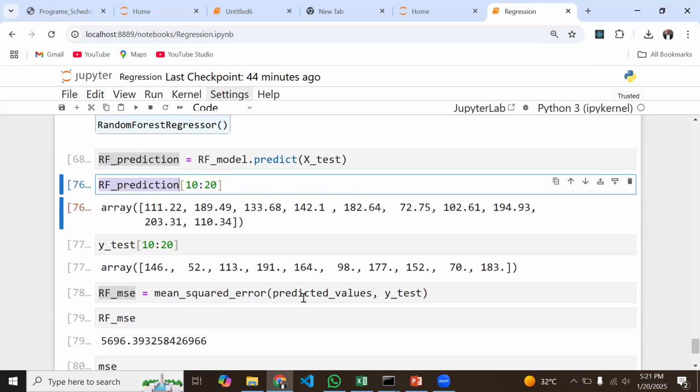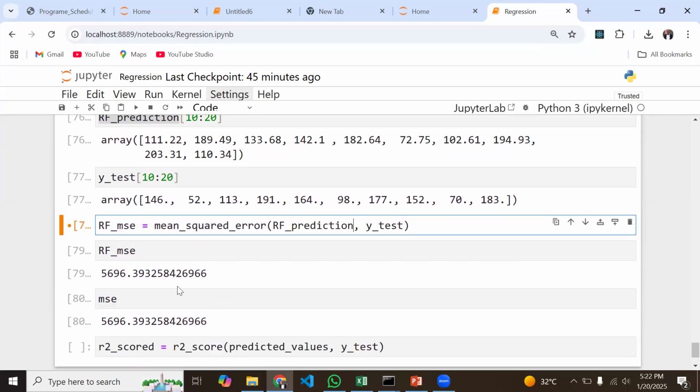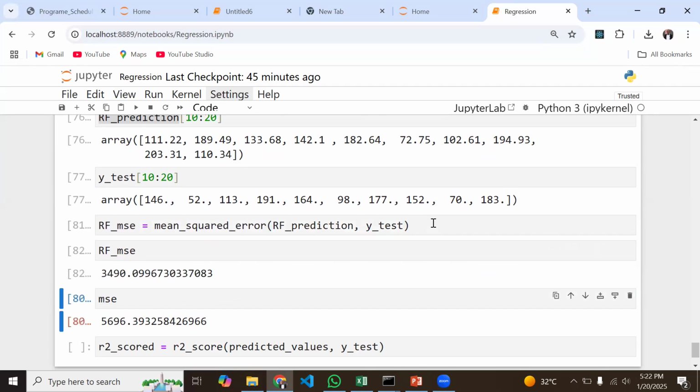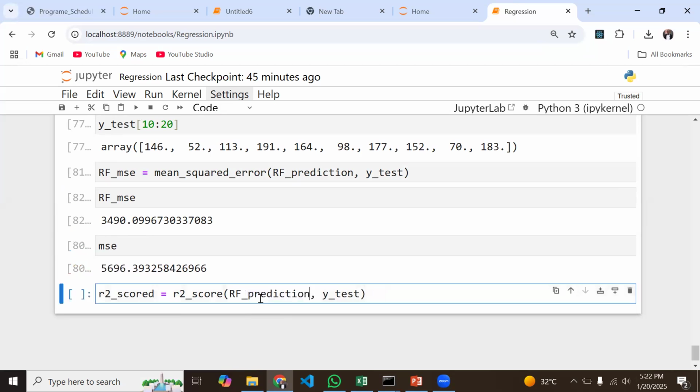I'm still passing in the predicted values for the decision tree. That's why we are getting the same value. So when I run this, good. You see that the mean squared errors are different over here. Later on, we are going to see what it means to have something like this as compared to something like this, and that's going to help us make a decision.